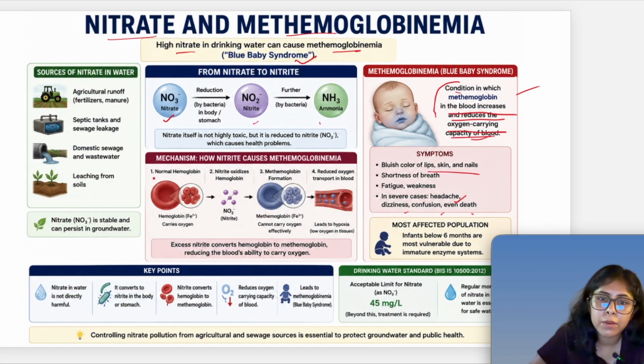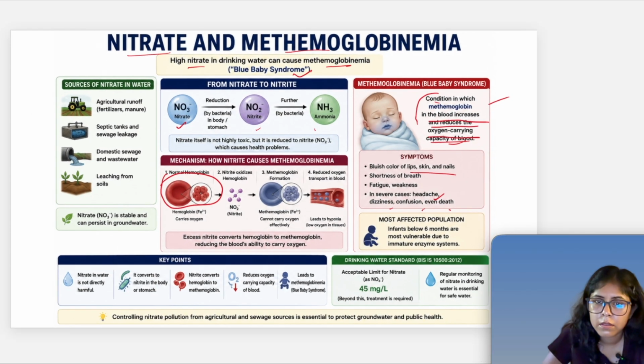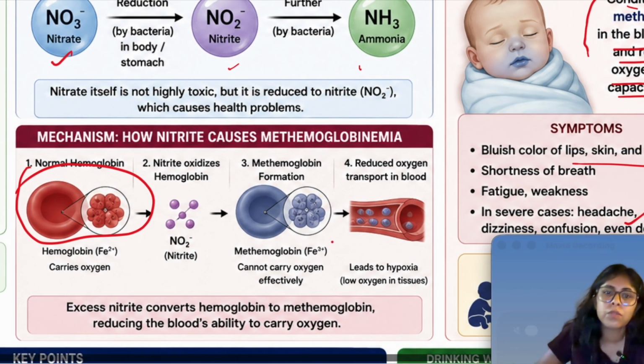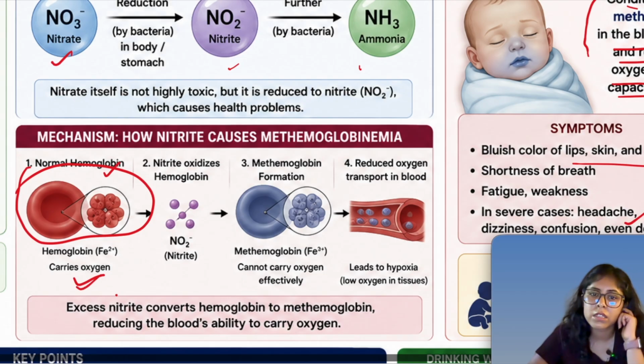Here you can see the mechanism of how nitrite causes methemoglobinemia. You have normal hemoglobin, which carries oxygen.